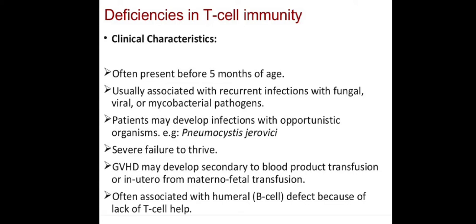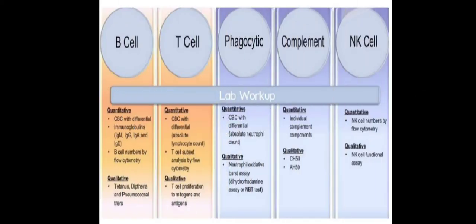So how to investigate? Lab workup. The common test we do is CBC, complete blood count and differential count. Most of the diseases we can suspect, at least, with the CBC and differential count. With regard to B cell disorders, the quantitative tests are CBC, immunoglobulin assay, and B cell number by flow cytometry.